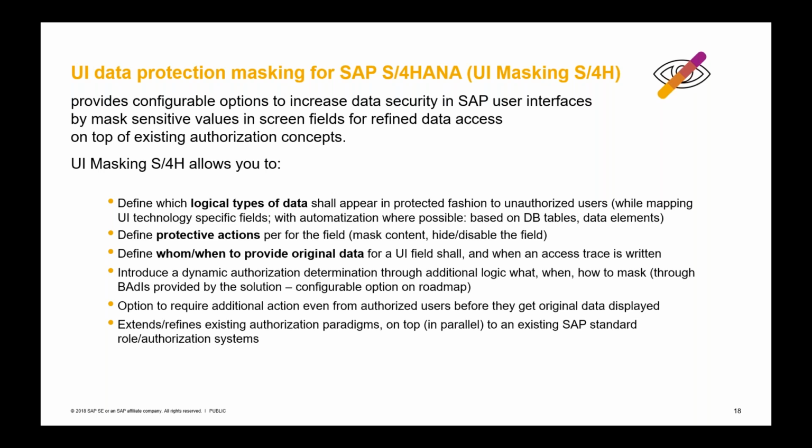Now you would be able to map any field in the supported UI technologies where you say this is a social security number. There are also ways to speed this up by automatically determining, based on data elements which are available in SAP, which data elements pertain to a social security number, but also based on database table and field. We have a crawler, basically. It's a standard functionality that determines where in the UI all these social security numbers are used, and those would be determined automatically and mapped into this logical attribute.